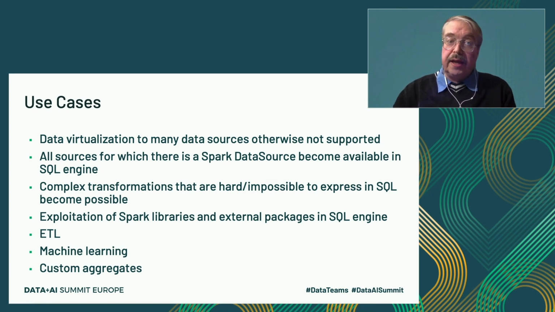And you can use that to virtualize it as a table in BigSQL. I mentioned in the beginning that you can do very complex transformations with your Spark computation, usually more complex than what you can be doing in SQL.